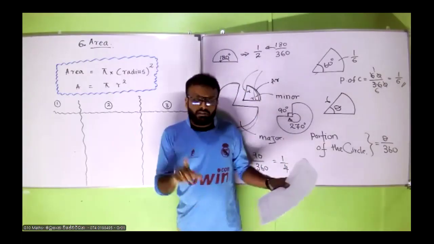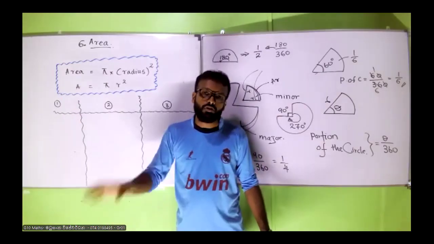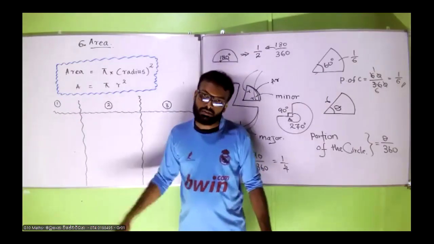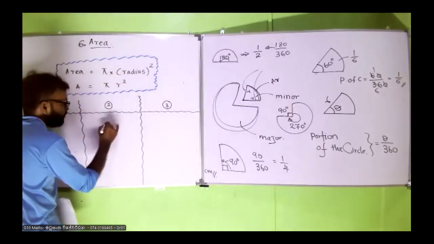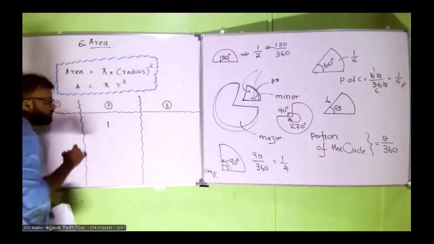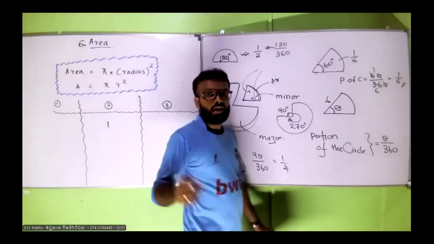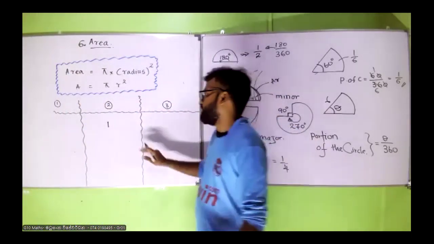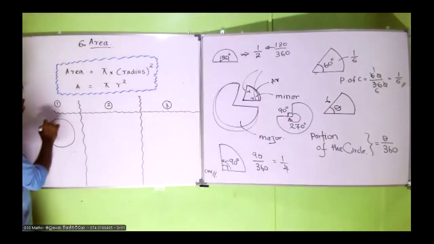Actually, in the first figure, we have shaded the full circle. So we have to mention that it is a full circle. That is not a part, that is a full complete circle. Shaded part as a portion of a circle: 360 divided by 360. So the full circle has been shaded.